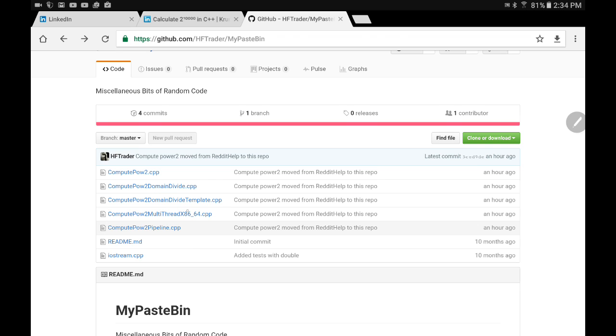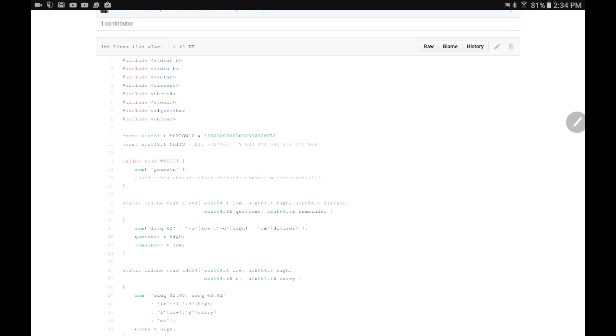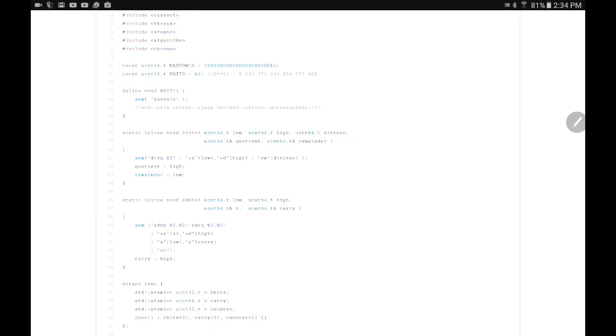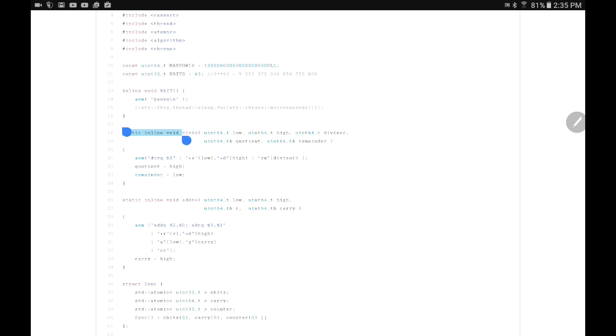Then there is the multi-threaded x86-64, where instead of blocks of 32 bits we use blocks of 64 bits. But when we do that, we have to compute the multiplication and division of 128-bit numbers, and that requires some assembly because there is no support for that in C or C++ intrinsically today.